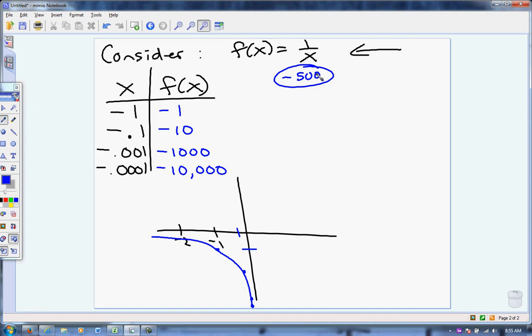So what happens on the other side is this thing just gets really, really close to 0. It never crosses that x-axis, but it just gets really close to 0. Now, what do you think is going to happen? Let's come over and make a new table.